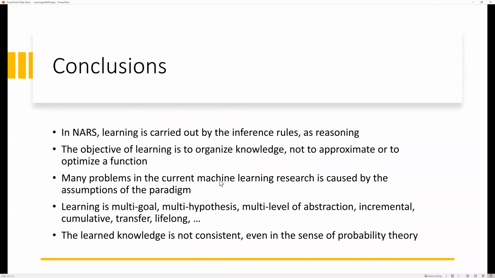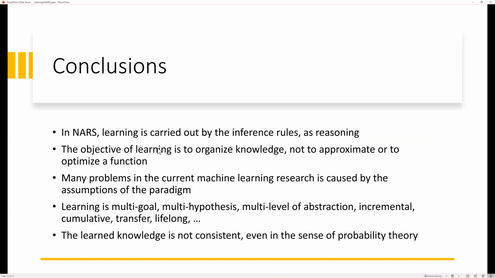Let me just summarize what I want to say using those examples. First is something we argued in a previous paper. Learning and reasoning in NARS is just the same thing. If you focus on the local step-by-step process, you treat it as reasoning. If you see the long-term consequence, it is learning.